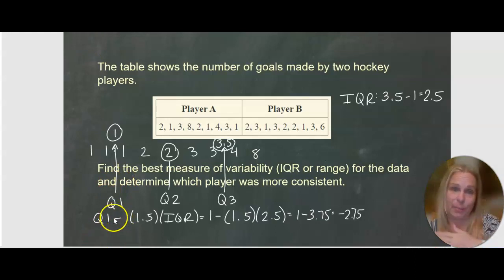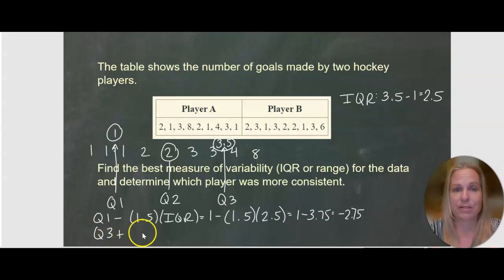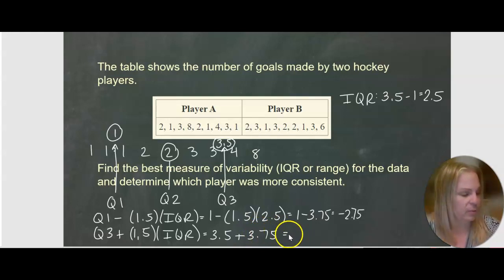To find that upper bound or limit, I'm going to do Q3 plus 1.5 times the IQR. And that's going to be Q3 is 3.5 plus this number that I got, 3.75. And that equals 3.5 plus 3.75 is 7.25.